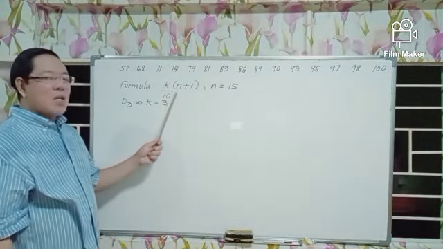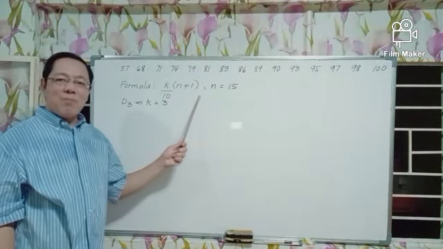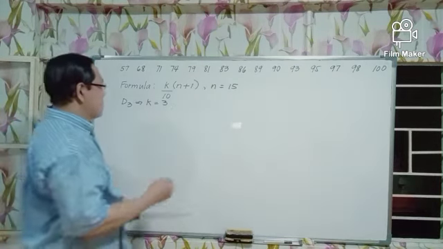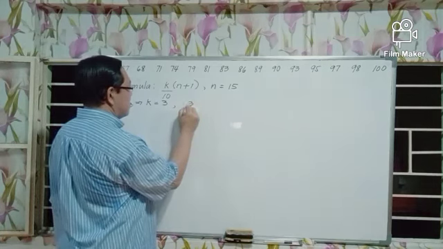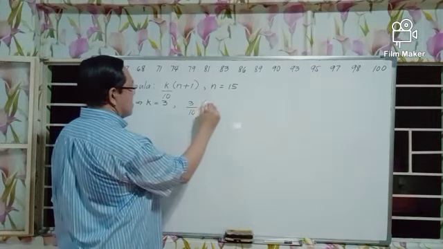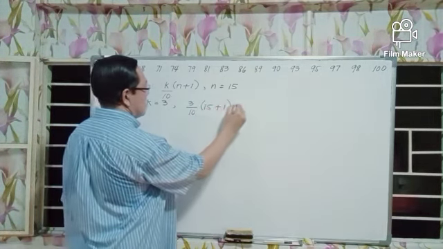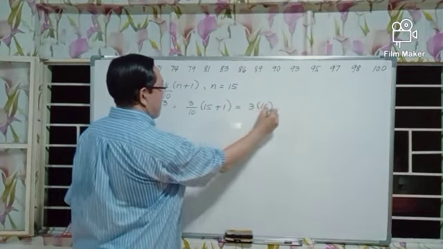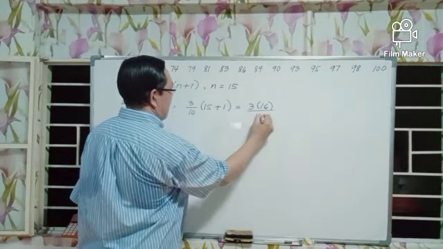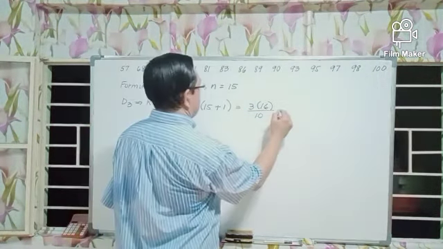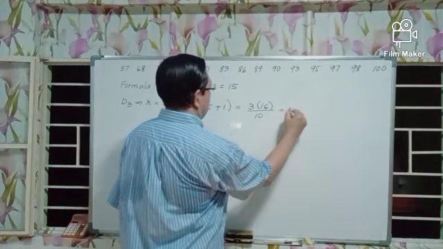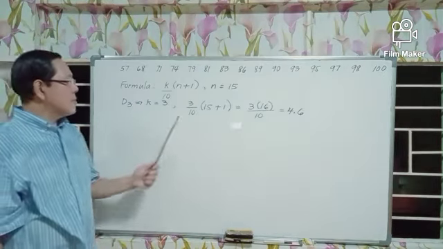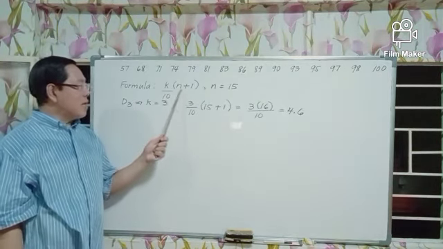Now we compute k/10 multiplied by (n plus 1), where k is 3 and n is 15.